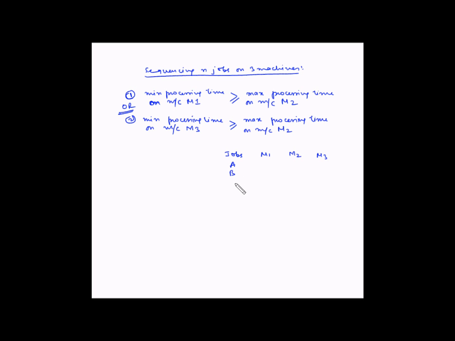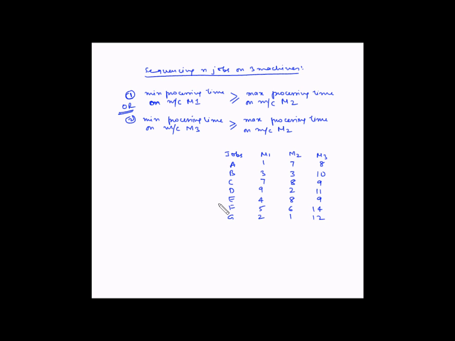A, B, C, D, E, F and G. 1, 3, 7, 9, 4, 5, 2, 7, 3, 8, 2, 8, 6, 1, 8, 10, 9, 11, 9, 14 and 12.